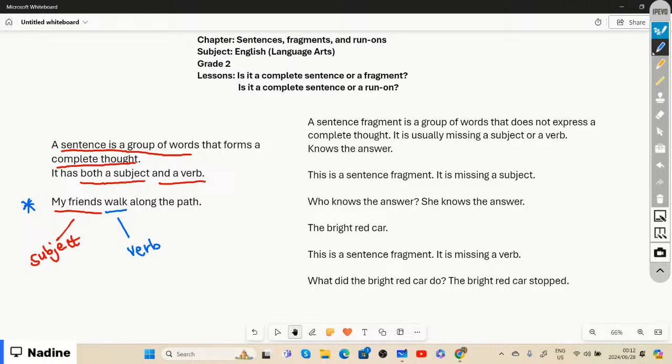Our subject is either a person, an animal, or a thing, whereas the verb tells us the action that the person, animal, or thing is doing. So once you have both a subject and a verb within your sentence, it is a group of words that forms a complete thought. That is a sentence.